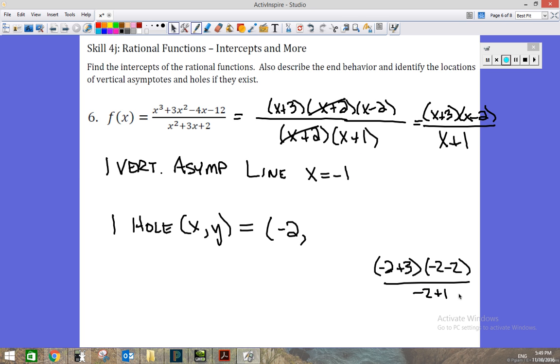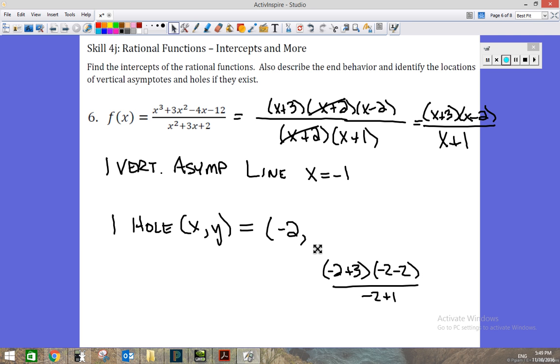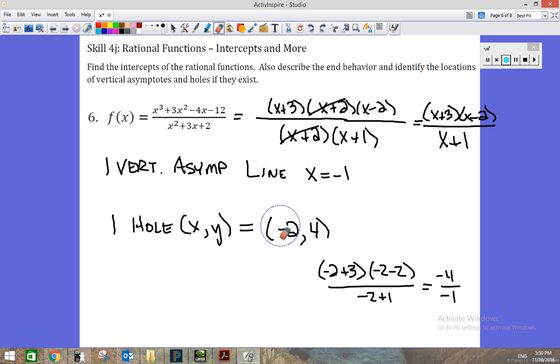Well, in the numerator, negative 2 plus 3 is just 1, and 1 times, well, negative 2 minus 2 is negative 4, and negative 2 plus 1 is a negative 1. Negative divided by negative is positive, so I'm getting that negative 2 comma 4, the graph does not pass through that point. That's a hole in the graph. So I hope that helps for problem 6.